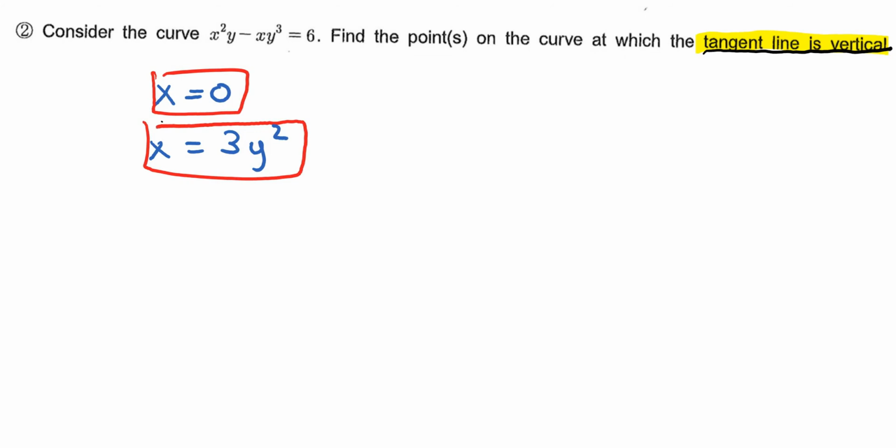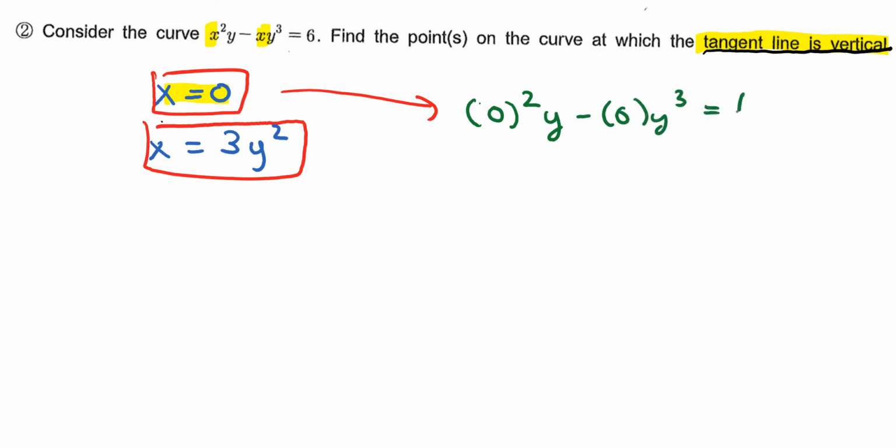Okay, so if I have x equals 0, I can let all my x's in my original equation equal 0. So if I do that, this would now give me 0 squared times y minus 0 times y cubed equals 6.